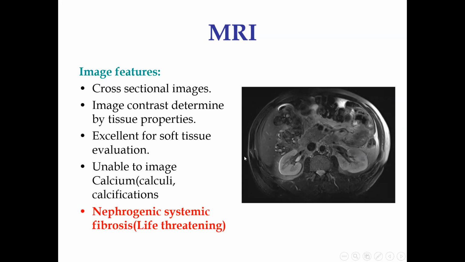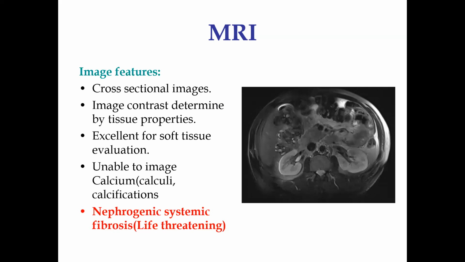A problem with the MR gadolinium contrast is a condition known as nephrogenic systemic fibrosis. Patients who have acute renal failure or a glomerular filtration rate, the GFR, below 30 are prone to develop this condition. It's a life-threatening condition. It's a dermatological emergency.